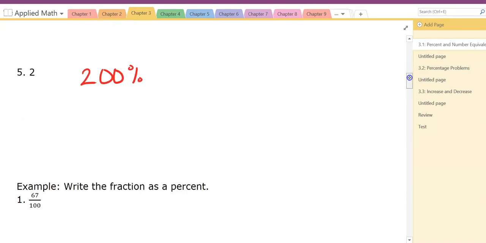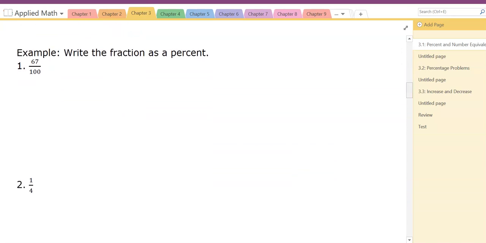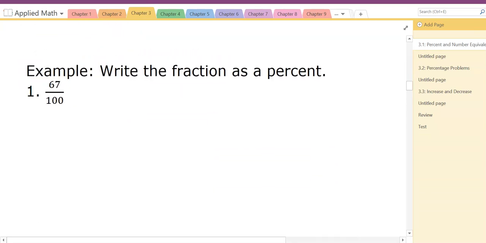Now, if they give it to us as a fraction instead of a decimal, what you can do first is either write it as a decimal, or you don't have to even do the division here. What's happening is you're taking 67 over 100 times 100.